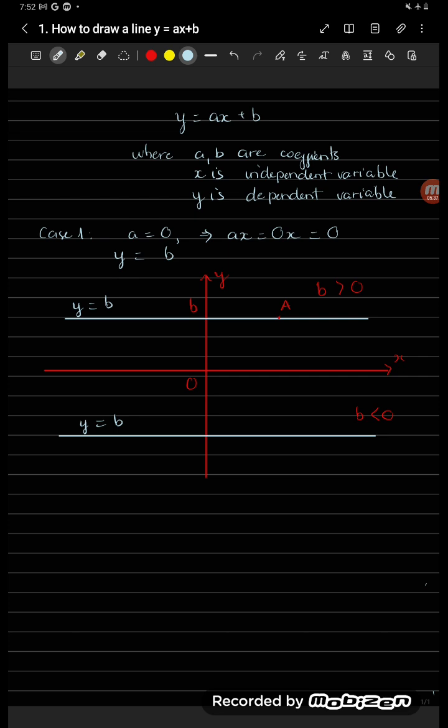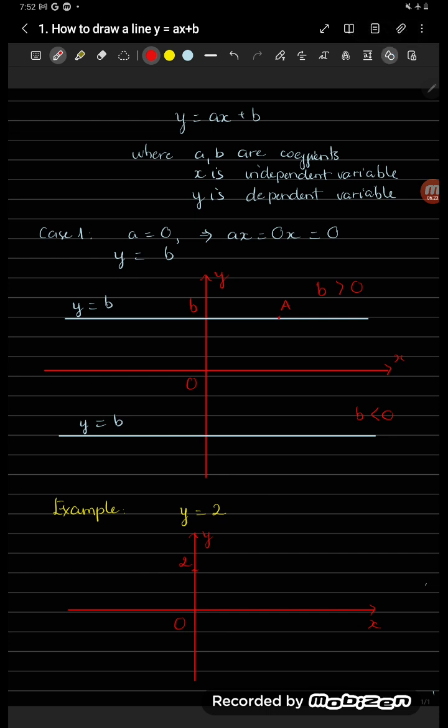So we'll take an example. Let's say y equal to 2. We need to draw this line. Let me take 2 is here. Y equal to 2, so let's say 2 is here. 2 is positive, so of course it is above the Ox axis, right?